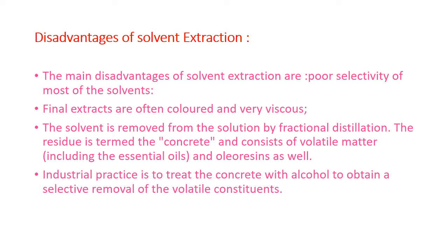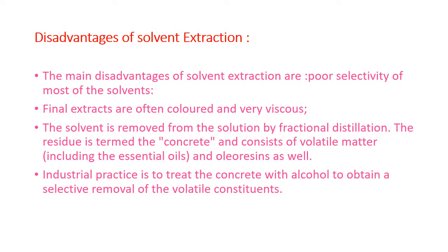Whenever the extraction of essential oil takes place on a large scale, in the industry, that concrete is used, the alcohol is removed to obtain the selective removal of the volatile constituents, and the material which remains is nothing but the essential oil containing the terpenoid. It is not actually terpenoid, it is only essential oil.